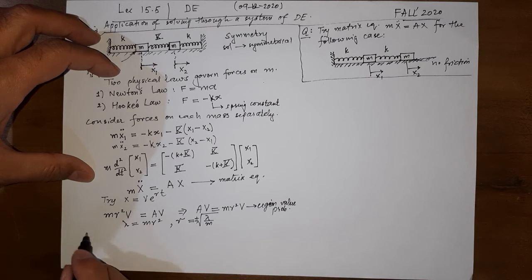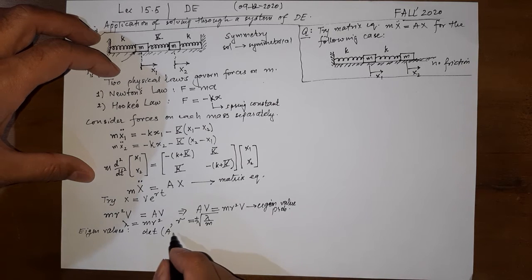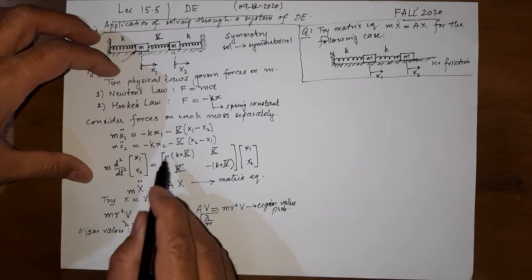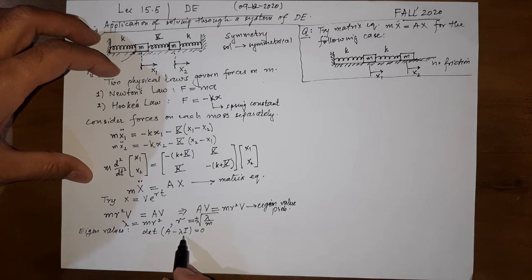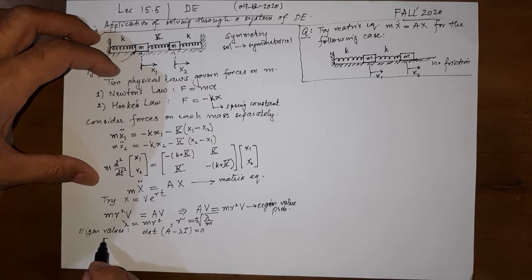So in solving this, let us first find the eigenvalues. How do we solve this? By solving the determinant of A minus lambda I equal to 0. We know what I is, but let me not use the matrix notation and instead use the determinant notation.